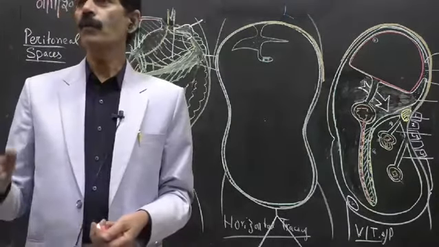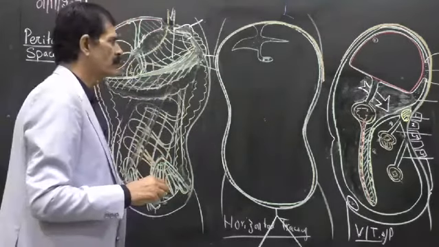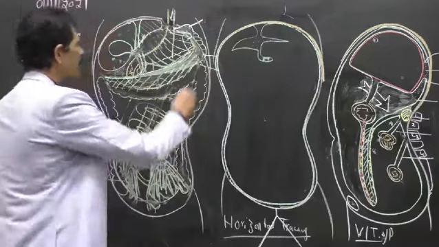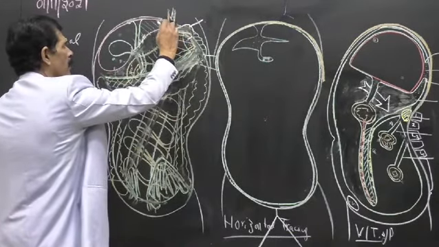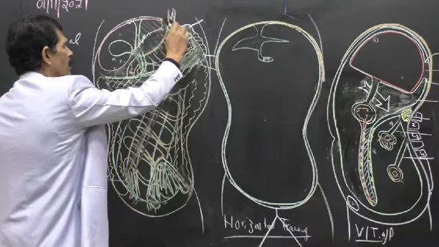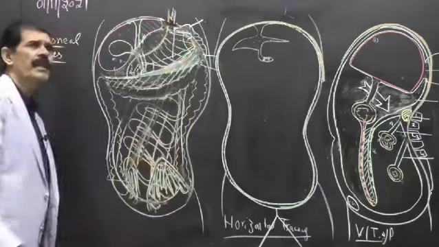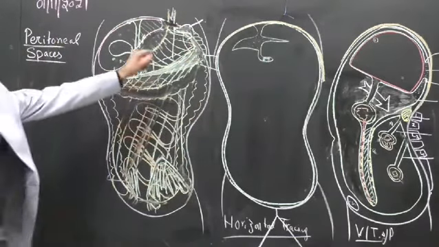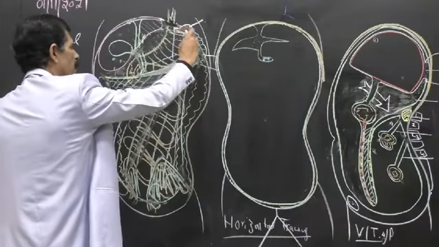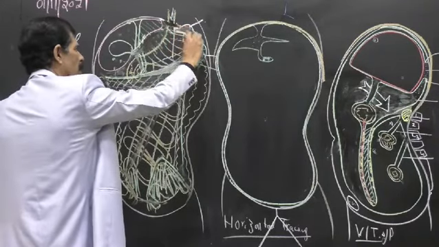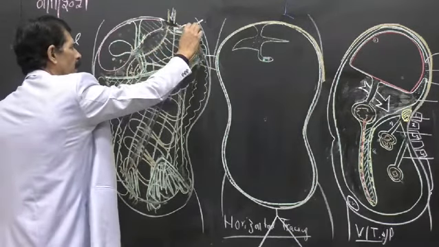If you want to remove the stomach from the abdominal cavity, see where you will cut. First of all, number 1, the gastroesophageal junction. We have to cut the esophagus at the cardiac end. Then we will cut the stomach's number 1 layer going to the spleen.